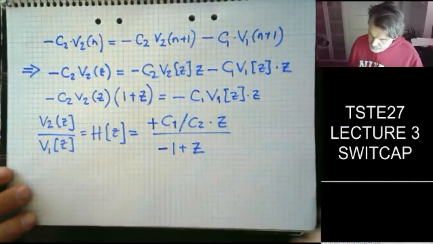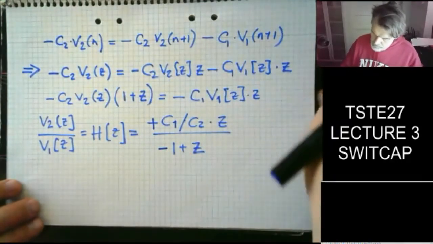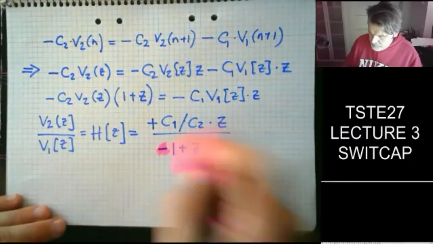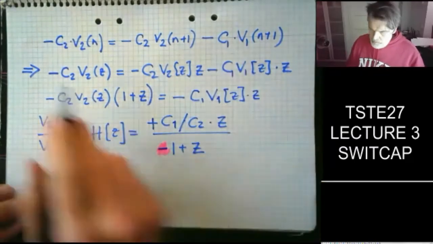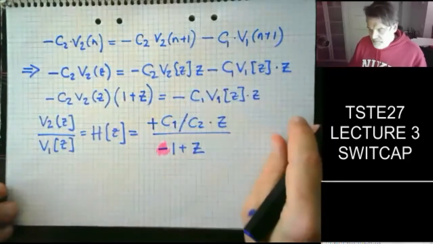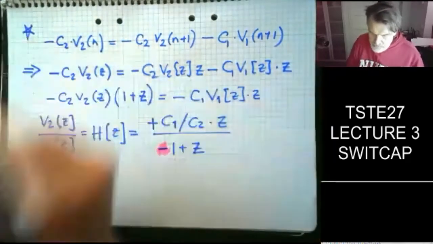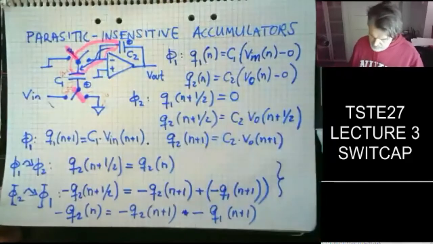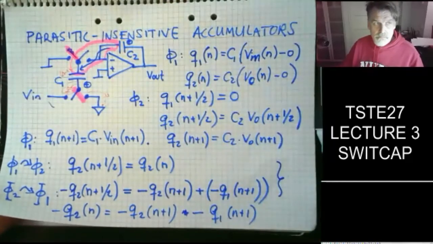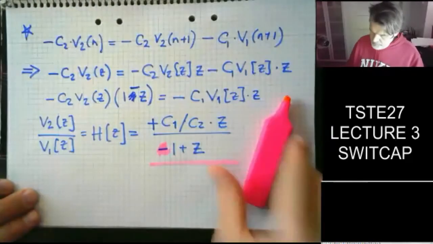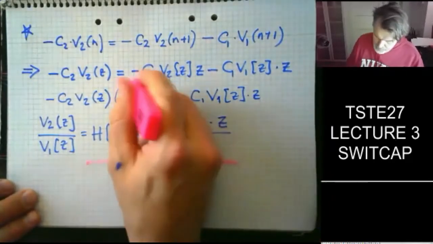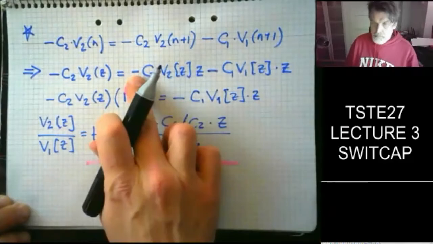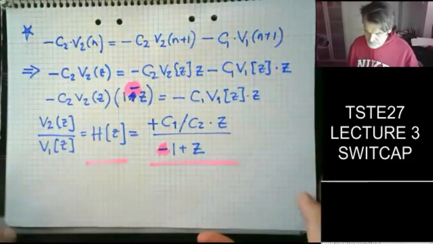There should be a minus here, like this. So somewhere here I lost a minus in the middle of everything, so I have to correct that. Let's spend a second on that. All right, so that's the transfer function, and that's the correction. Moving minus to the other side gives me a plus.